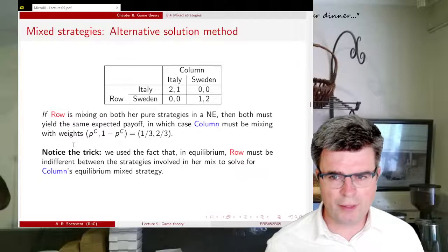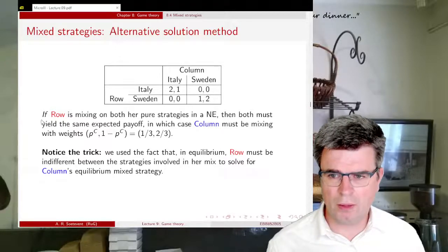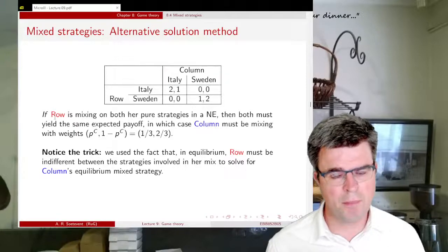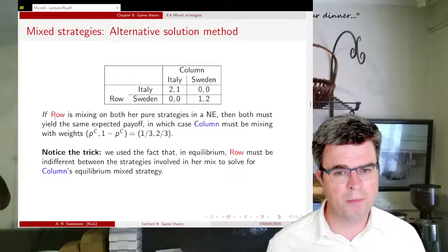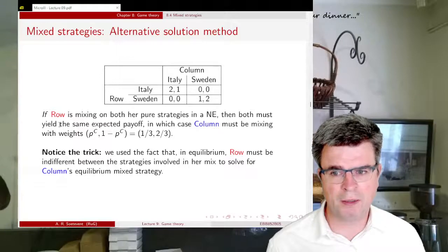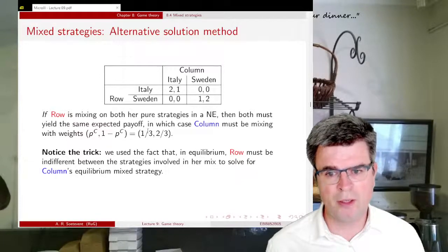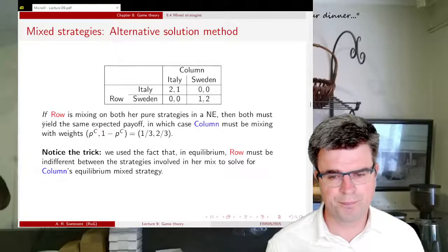So we use the fact that if row is mixing on both of his pure strategies in the Nash equilibrium, then both must yield the same expected payoff, in which case column must be mixing with weights 1/3, 2/3.